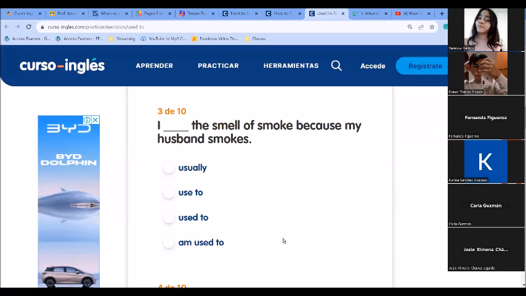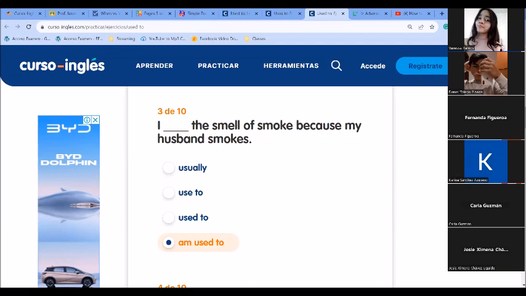Yo huelo el cigarro porque mi esposo fuma, algo así. Okay. Estás acostumbrado al olor. ¿Y cómo expresamos eso? I am used to the smell of smoke because my husband smokes.